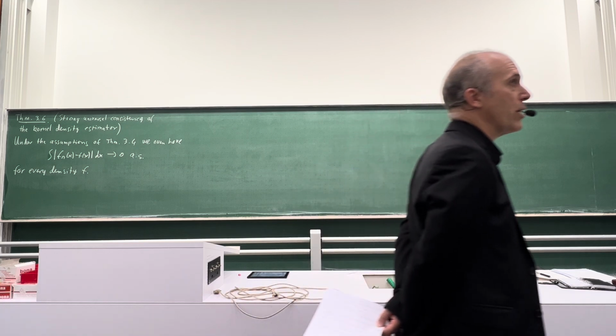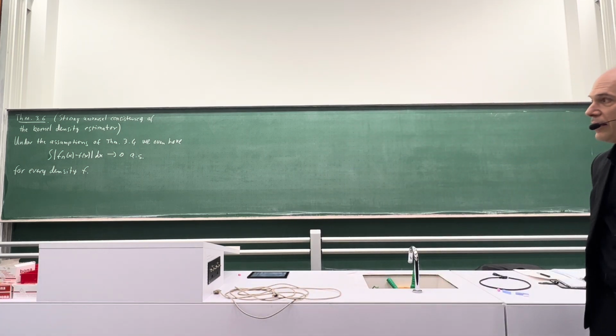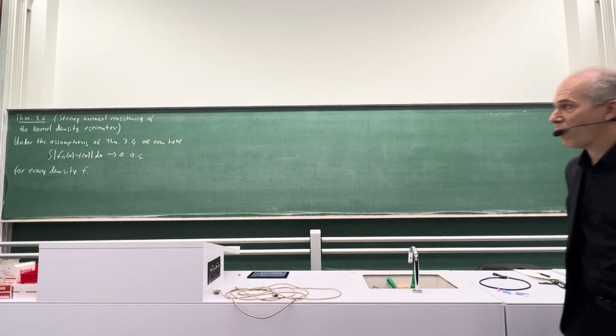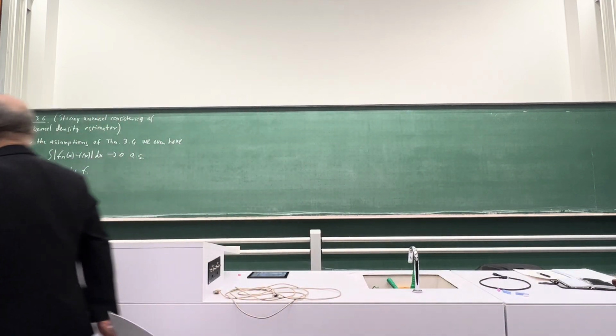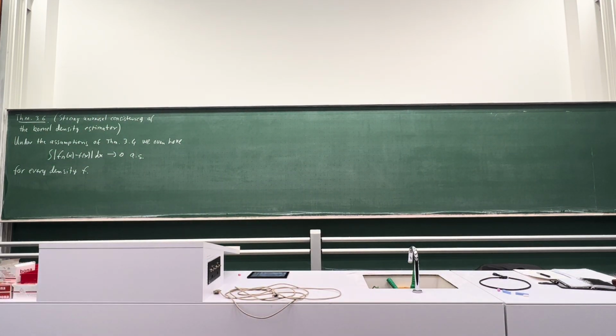So this is a bounded random variable, and if you have almost sure convergence, then from the dominated convergence theorem you can conclude that it also converges to 0 in expectation.